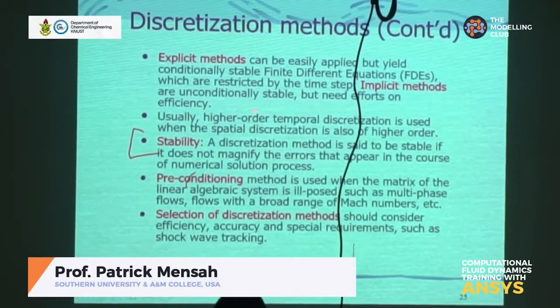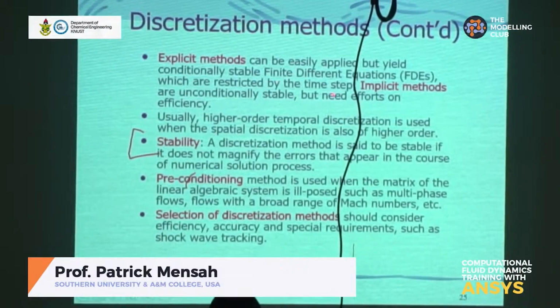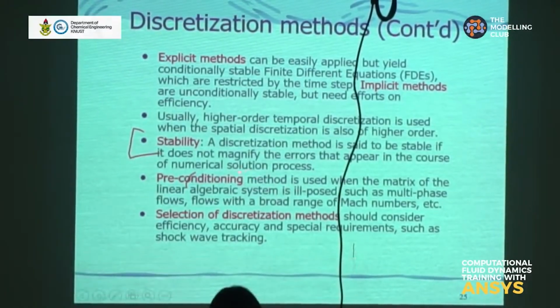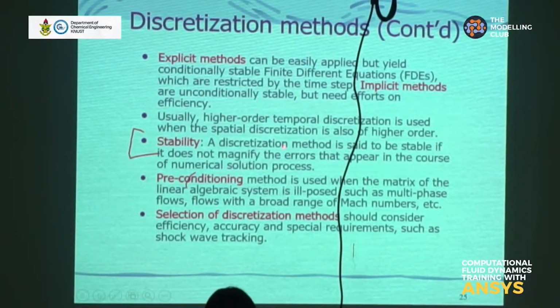In other words, if I'm solving the problem using an explicit method and I am restricted by the time step, if I don't select the correct time step, then it's going to magnify the error in my solution, and I will not get the right results.